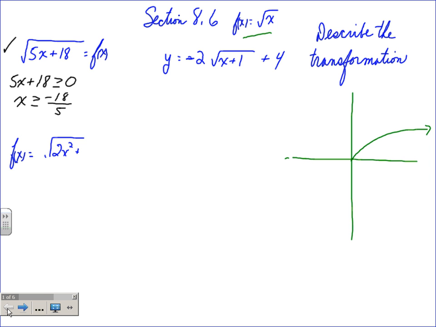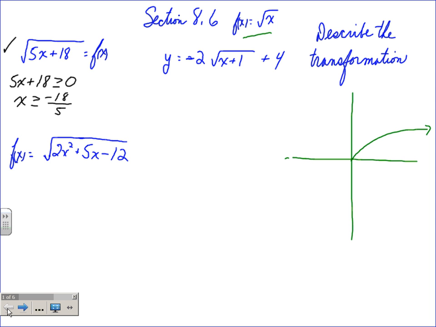The next one, if I can remember. I believe this is the square root of 2x squared plus 5x minus 12. So what is the domain of that function?